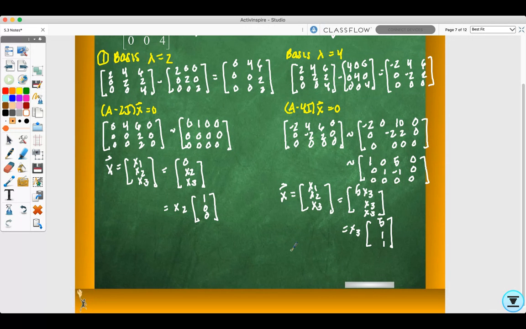So here, if you notice, I only get two linearly independent eigenvectors; there are not three linearly independent eigenvectors of A. So by theorem 5, this A is not diagonalizable. So we cannot diagonalize this.